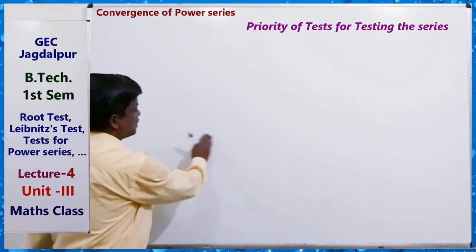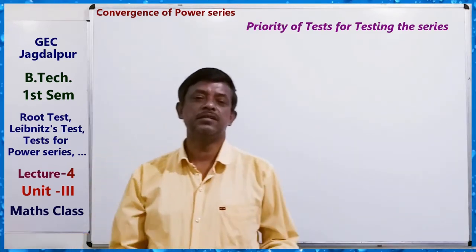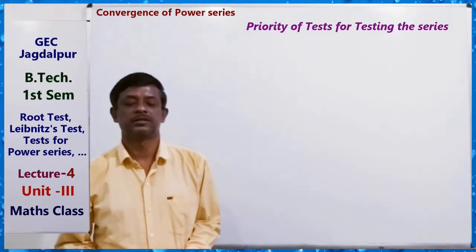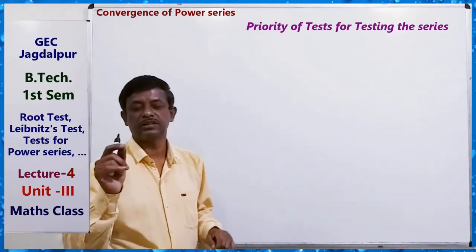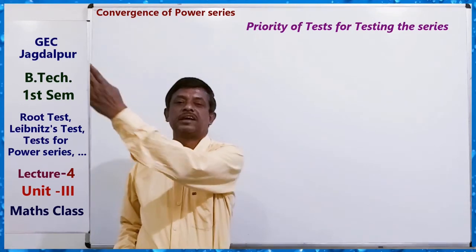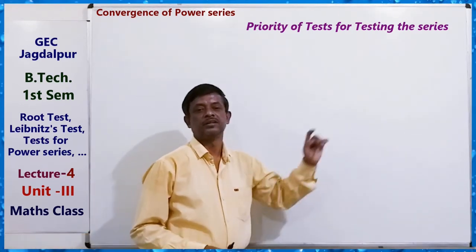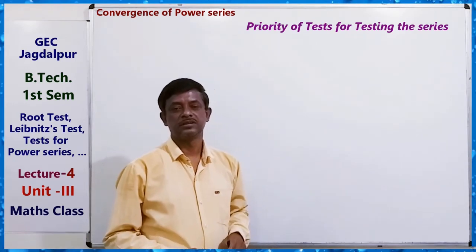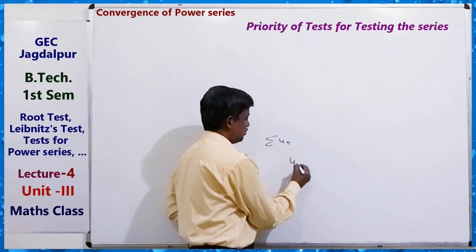Okay. So for testing a series, first of all see whether the series is alternating or not. If alternating series, we can use Leibniz test. If series is other than power series, that is not power x including in this series, then we can use, for a series, find this limit.